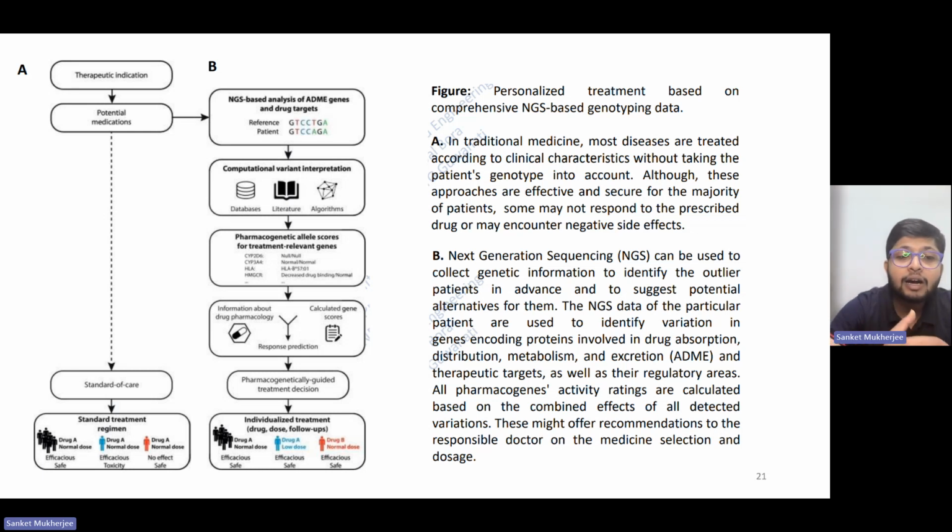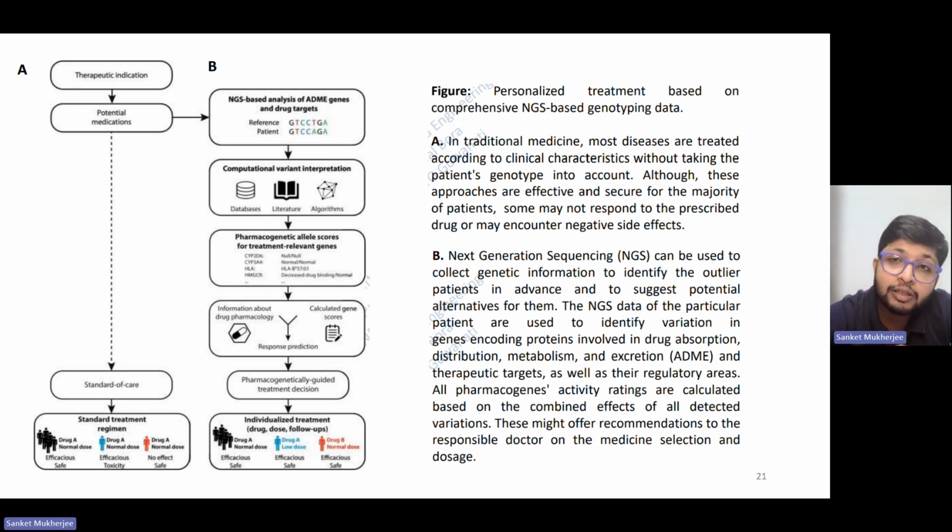So while traditional medicine is still used because it's at least cheaper, in clinical trials it fares pretty well among the majority of people, but we do not take account of a lot of other things, a lot of genotypic differences that might arise.